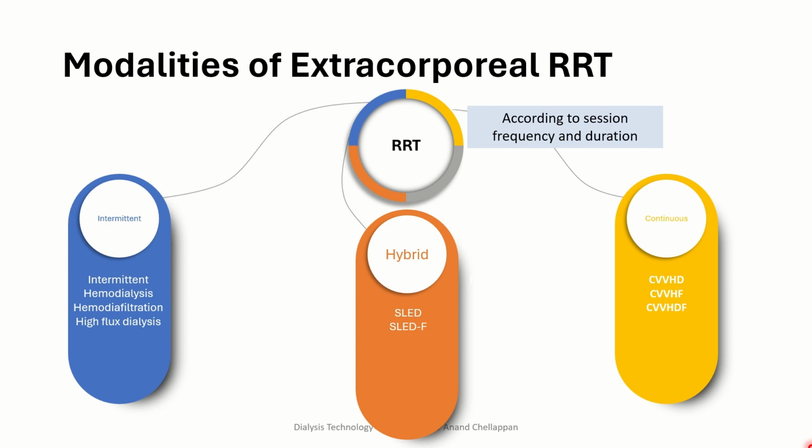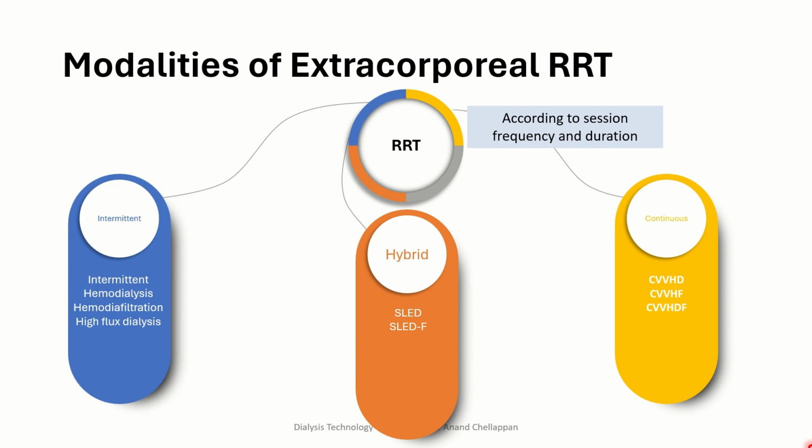What are the various modalities of extracorporeal renal replacement therapy that we have? We can classify these modalities of renal replacement therapy that we perform in the dialysis units and in our critical care units according to the session frequency and duration into intermittent therapies, hybrid therapy and continuous therapy.